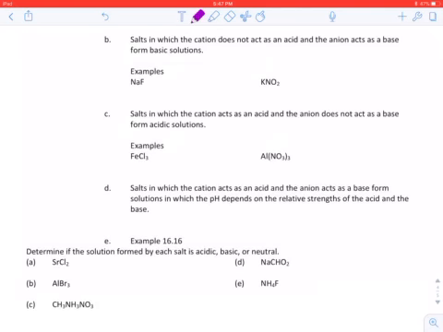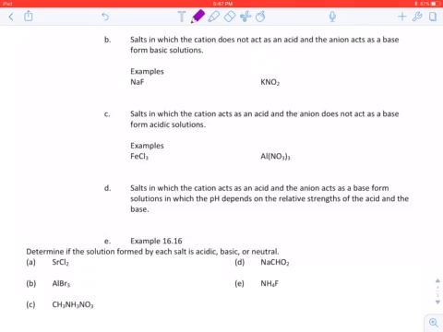Salts in which the cation does not act as an acid and the anion acts as a base form basic solutions. So again, Na is the cation of a strong base, so pH neutral, but F is the conjugate base of a weak acid, so it will be slightly basic.